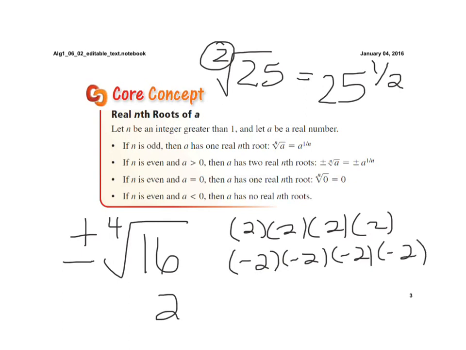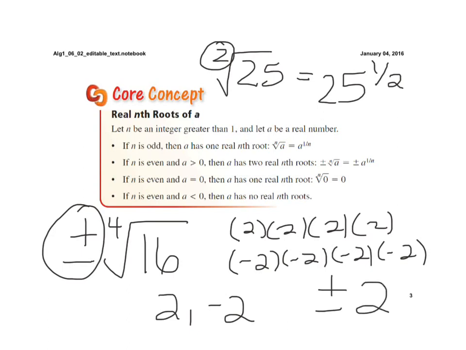So in reality, there are 2 4th roots of 16, 2 or negative 2. And when they want both of them, they'll write that symbol out in front. So it's a plus or minus 2.